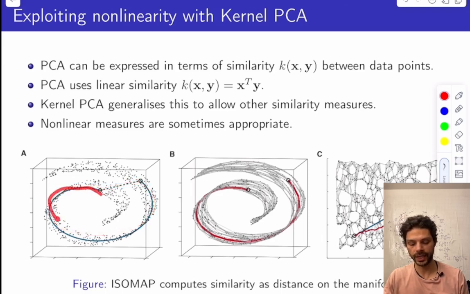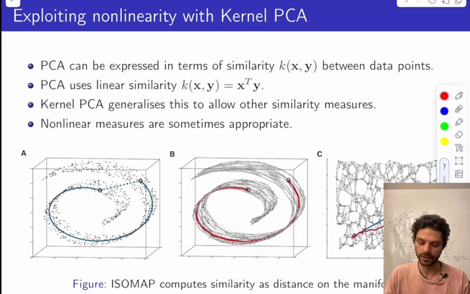So it's a nonlinear distance. The way they do it is they form a nearest neighbor map to estimate the geodesic distance, the distance on the manifold between 2 points. For example, these two are very similar in Euclidean space, so as far as PCA is concerned, they'd be considered very similar. Well, we actually want them to be put very far apart. And so kernel PCA is a generalization of PCA which allows you to do that, which is pretty cool.